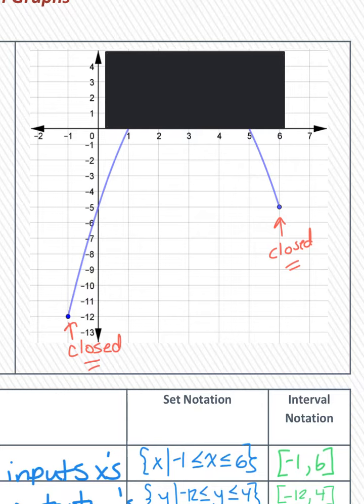Just like the positive interval, the endpoint at 1 would be considered open because at x equals 1, the output is 0, which is neither positive nor negative. However, at x equals -1, our output is -12. It's clearly negative, so this endpoint is considered closed.